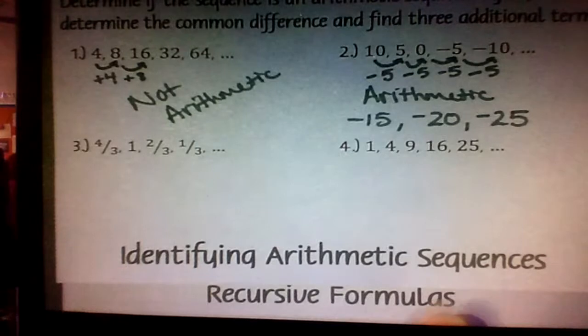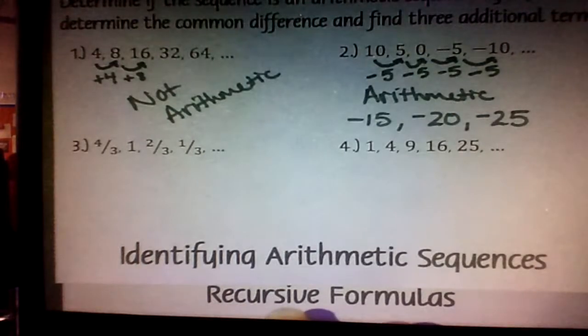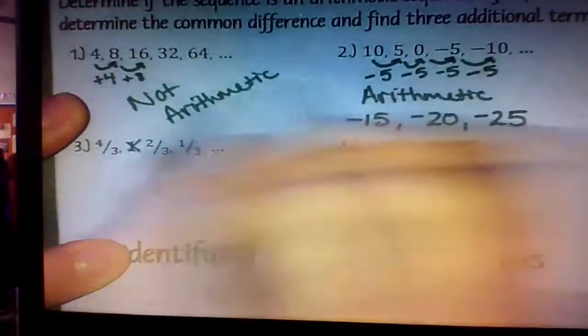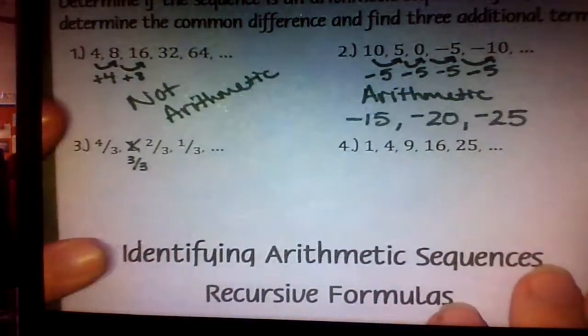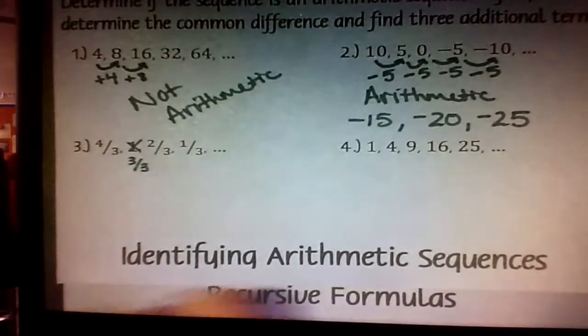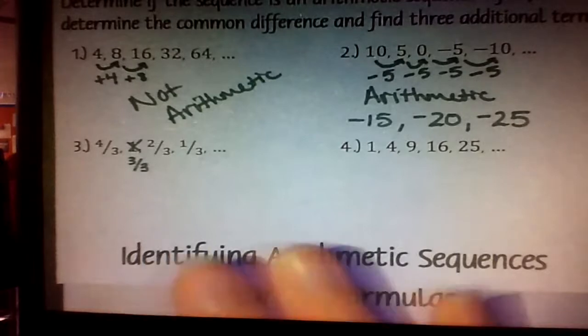Be careful with number 3. Everything is in fraction form except one number. You have 4/3, 2/3, 1/3. How do I write 1 as something over 3? 3 over 3. I can rewrite 1 as 3 over 3. Remember, 3 divided by 3 is 1. So what's my pattern here?